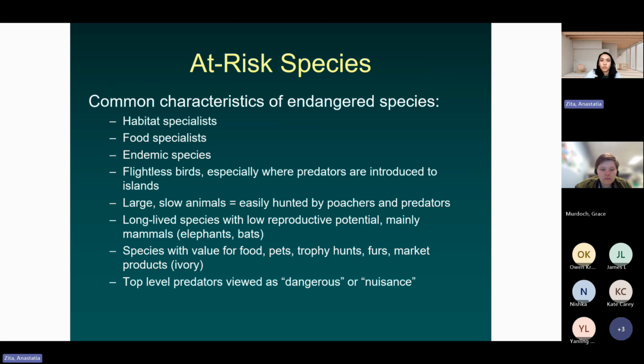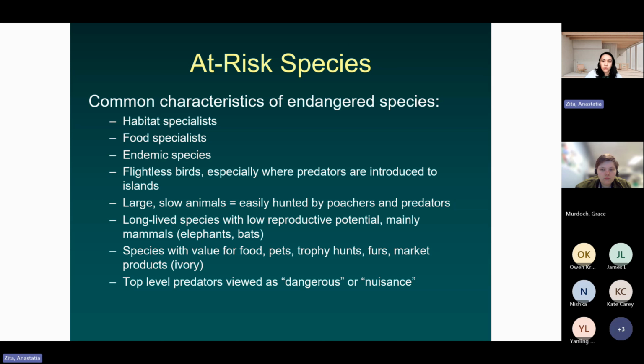Okay, so at-risk species. Endangered species share some common characteristics, including being a habitat or food specialist, endemic to a specific geographic area, or a lot of flightless birds, particularly in areas where predators have been introduced onto their smaller island, which was the case for dodo birds and puffins and things like that.